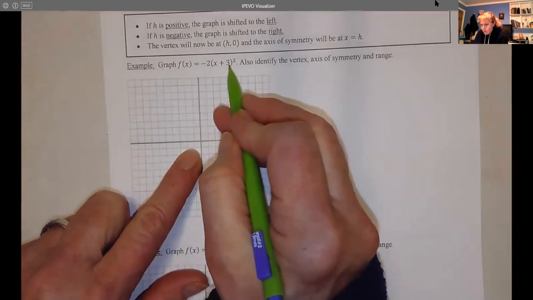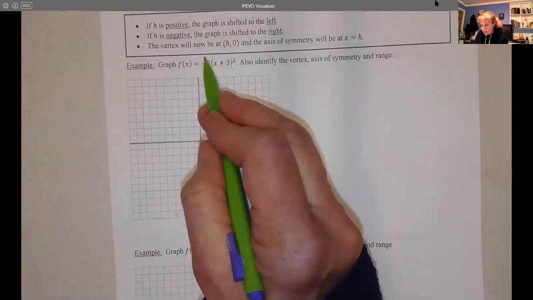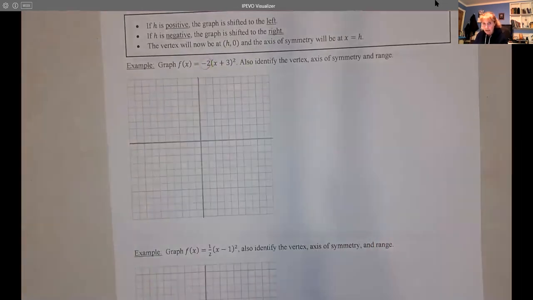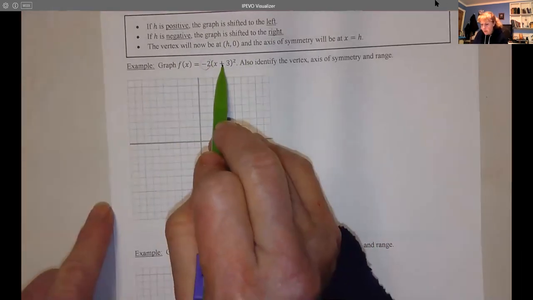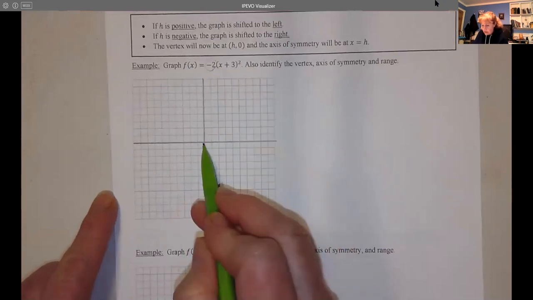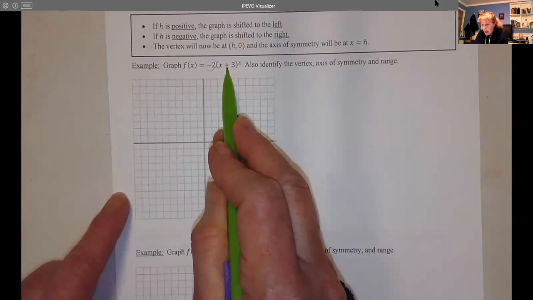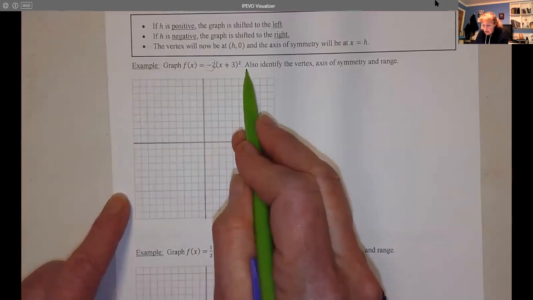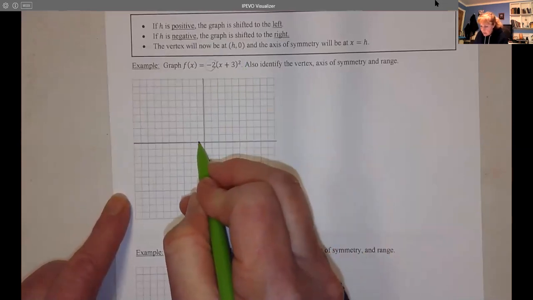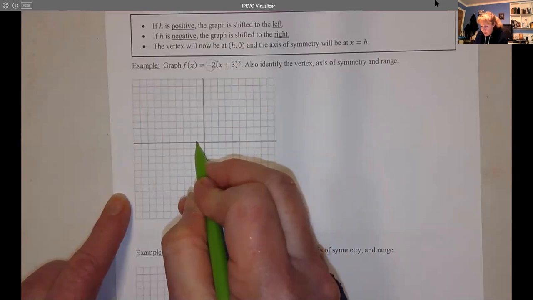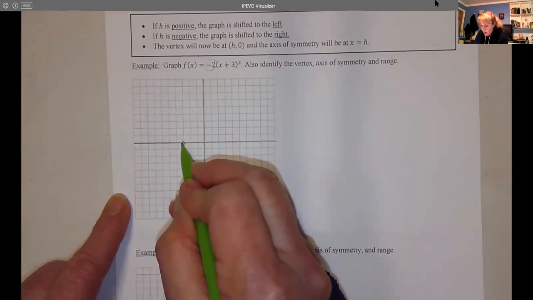Okay, we're going to find the vertex first, and then we'll talk about what's happening with that. I know that I'm going to the left 3. So we always start at (0, 0). I'm going to go to the left 3, and I'm not adding anything. So that means I'm just going to go to the left 3: 1, 2, 3. Why left?